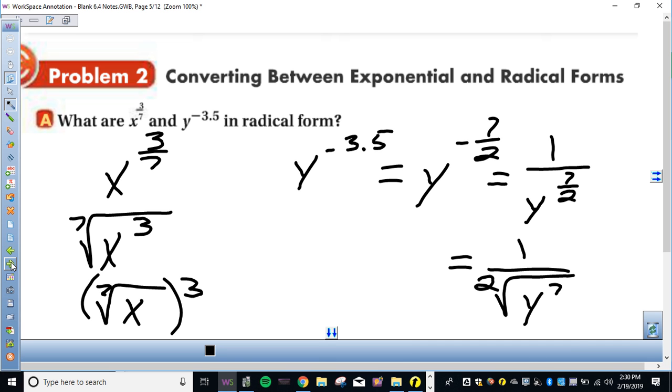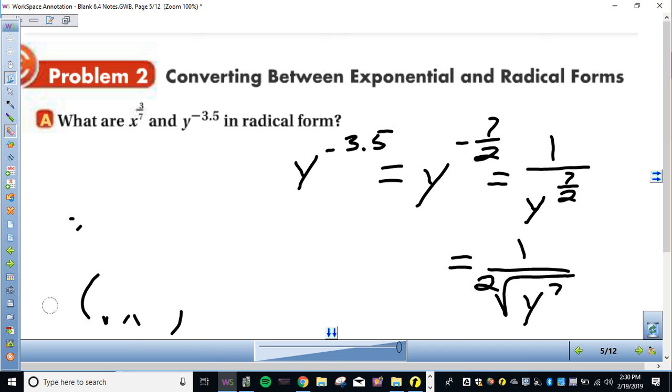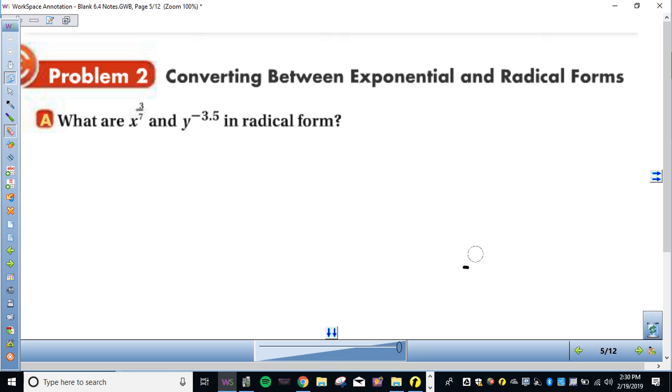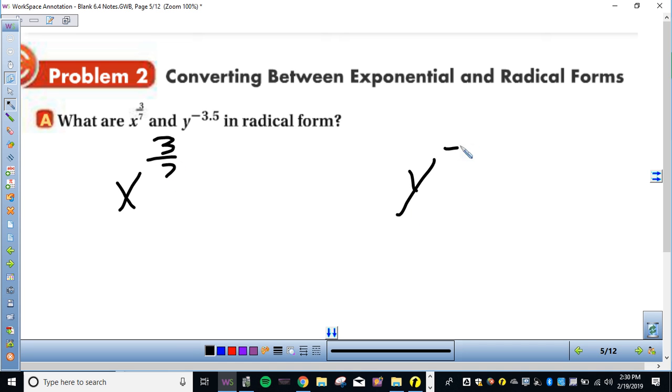Okay, so I forgot to erase this one. So we're just going from exponential to radical form here. So write those 2 down as x to the 3/7 power. I'll write it bigger so you can actually see. That's one of them, and then y to the negative 3.5 power.